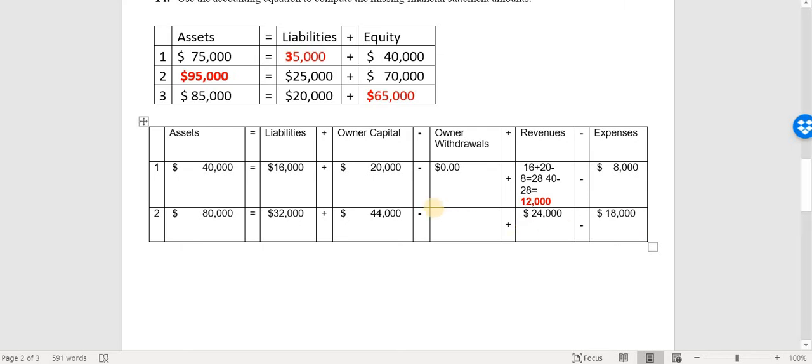Let's do that again. What do my withdrawals have to be? I'm going to take the 32, plus my 44, plus the 24 revenues, minus the 18 expenses, right? So 32 plus 44 plus 24 minus 18 equals 82, right?